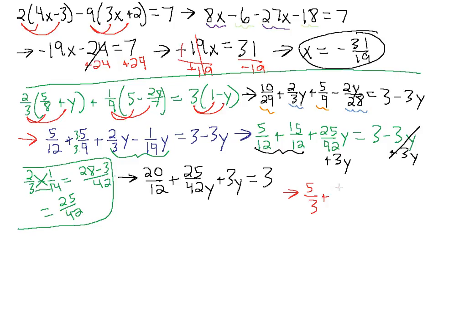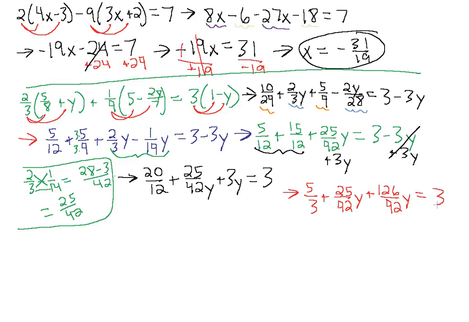Rewrite our 25 over 42 times y. And let's go ahead and rewrite 3y with the denominator of 42, because we're going to add these in the next step. So we can change 3y into 126 over 42y. 126 over 42 is the same thing as 3.